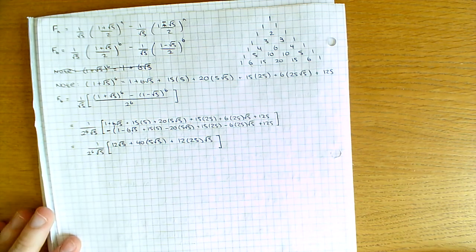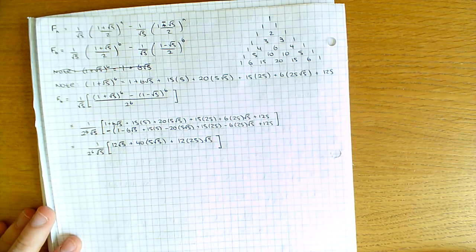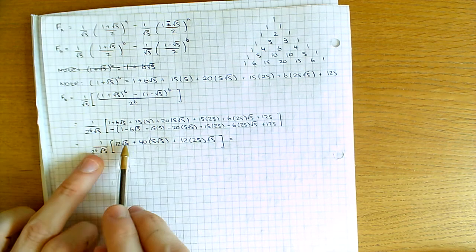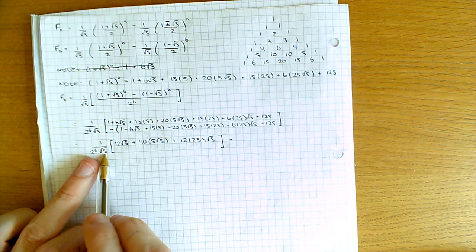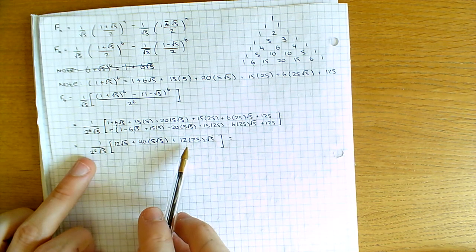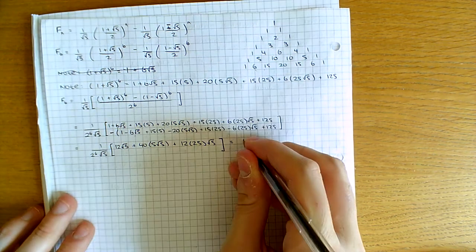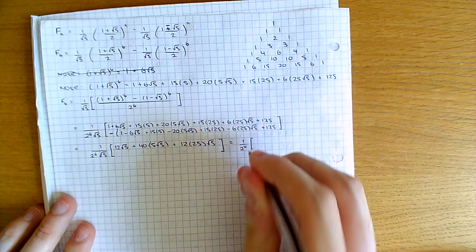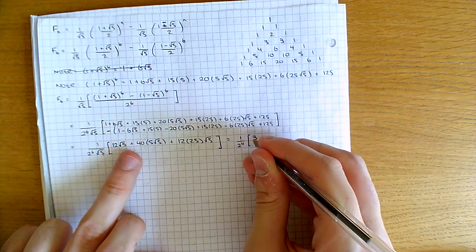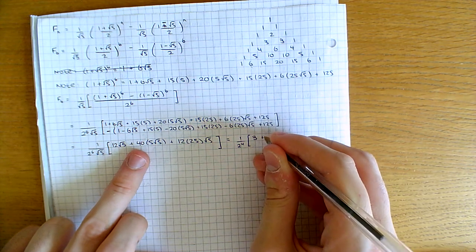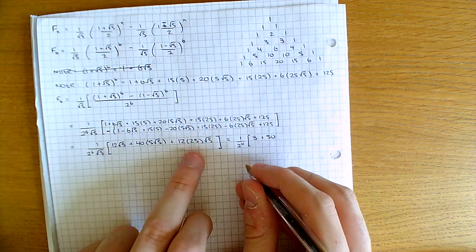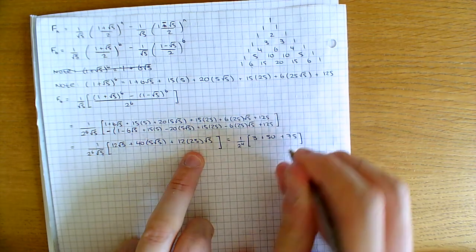So that's the expression. Let's try and simplify this. Notice that all of these terms have got √5 in them, so we can divide by √5. All of these terms also have a factor of 4, so we can divide by 4, and we'll be left with 1 over 2 to the 4 times, so 12√5 divided by 4√5 is 3. This will be plus 10 times 5, which is 50, and this will be 3 times 25, which is 75.